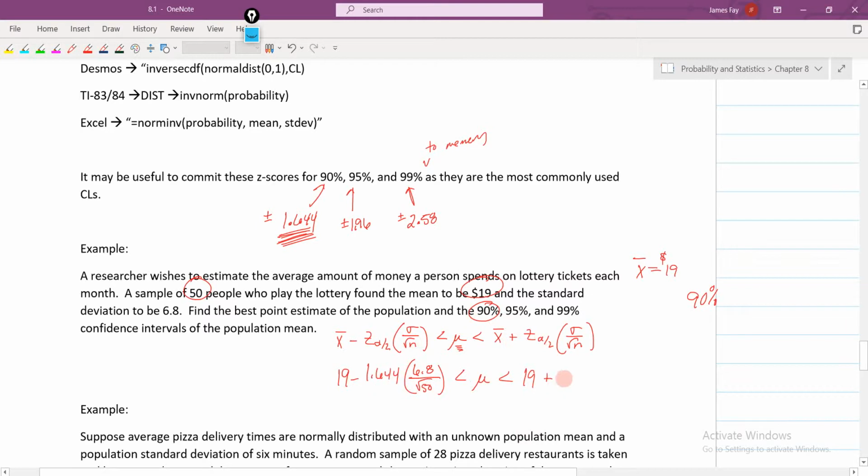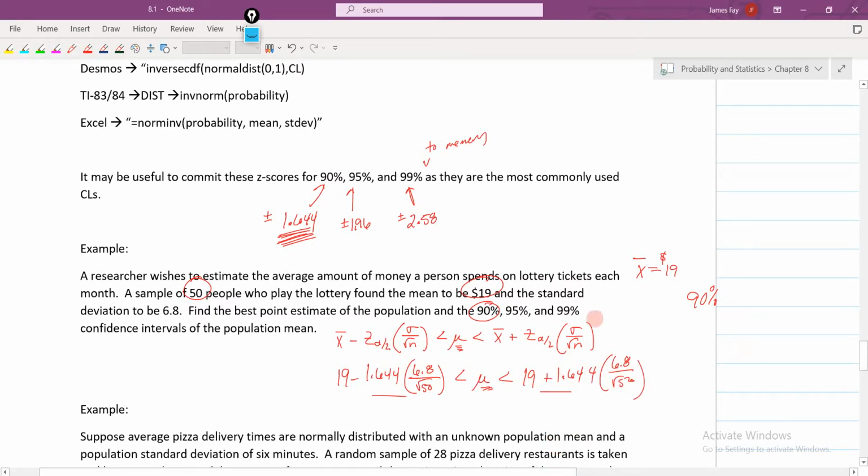Everything needs to be symmetric. This mu is going to be centered between this value and that value. So my margin of error, or my EBM, needs to be subtracted from 19, but then also added to 19. So we get something like this.